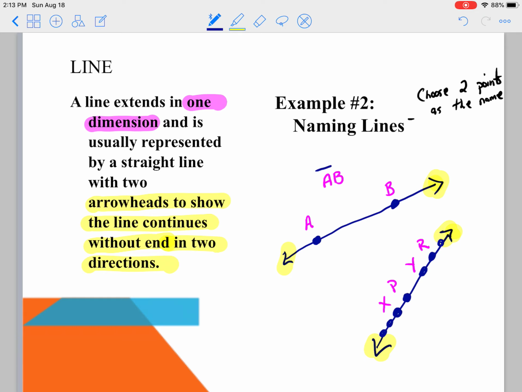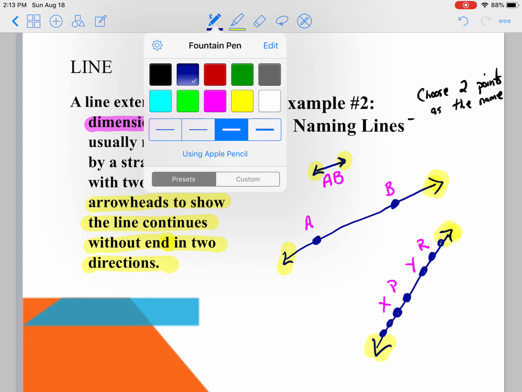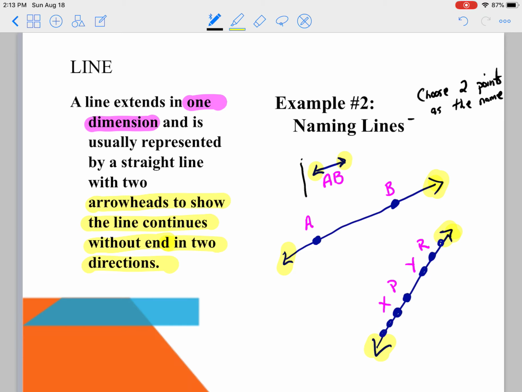The proper mathematical notation is a line with the arrowheads above the points that are on the line. So when I look at this notation, I will know that it is referring to line AB that extends in both directions forever.